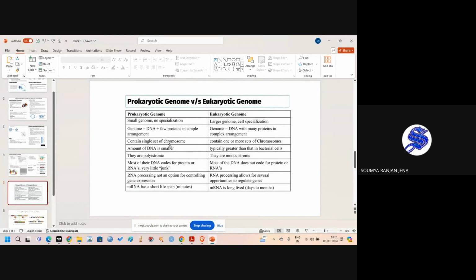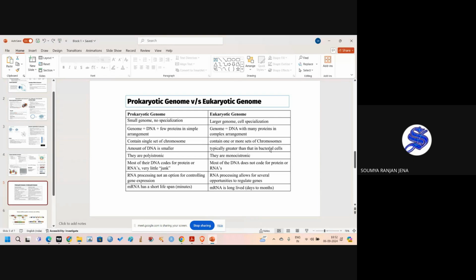Then the third point: prokaryotes contain a single set of chromosome, one chromosome, but in eukaryotes, as we described, there are 23 pairs of chromosomes. The amount of DNA is smaller in prokaryotes because of the small genome and small structure, but here it is larger, typically greater than in a bacterial cell.